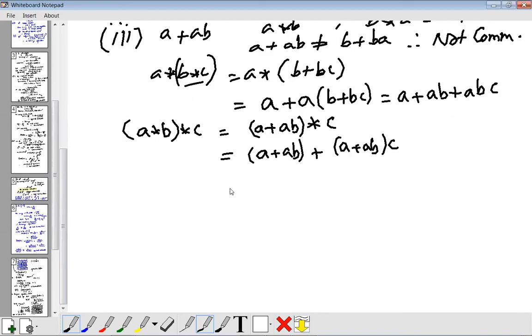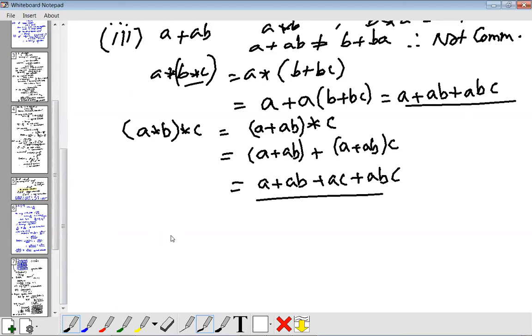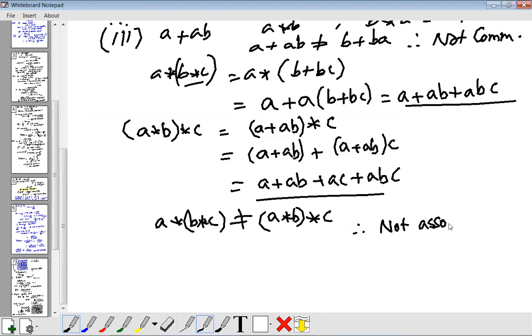So that will give A plus AB plus AC plus ABC. So definitely this and this are not equal. So A star (B star C) is not equal to (A star B) star C. Therefore, not associative. Understood, right?